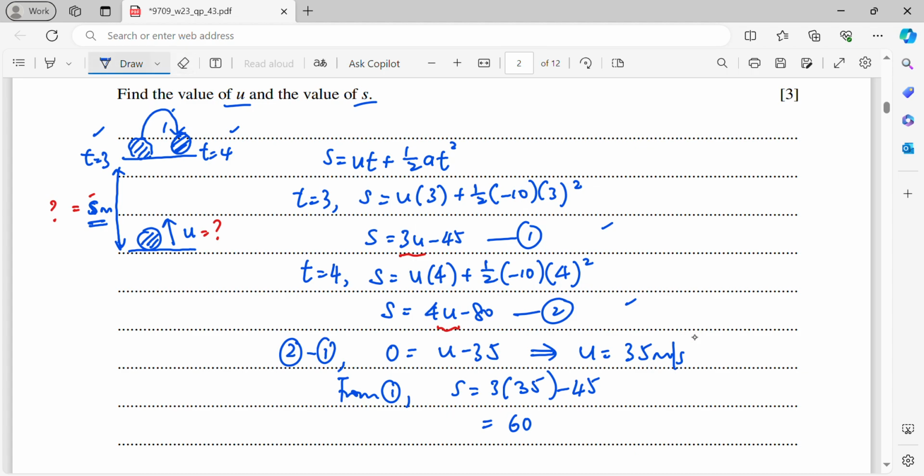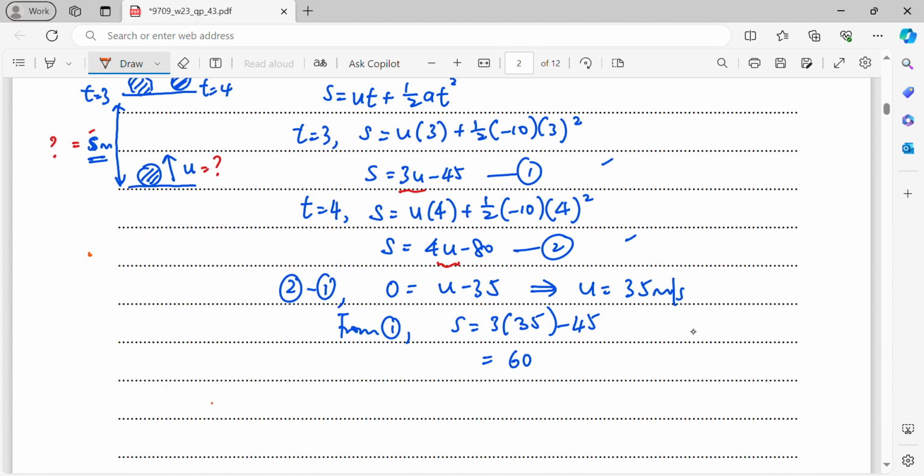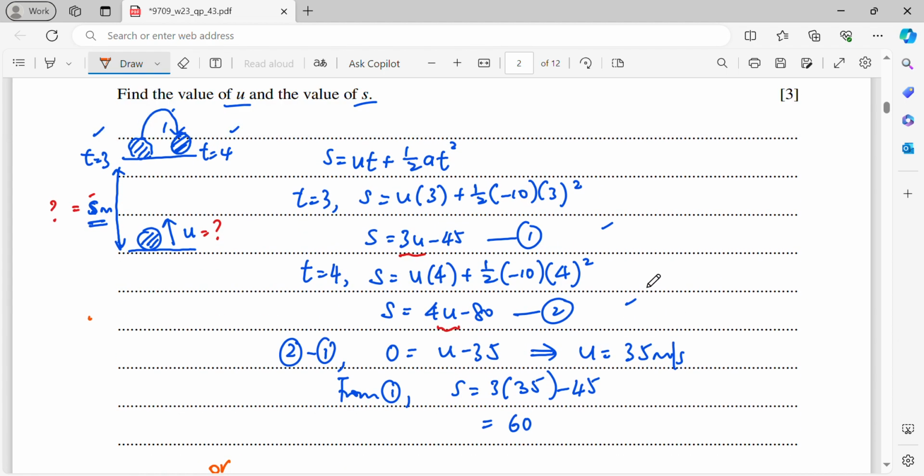We have two methods to solve this question. Another method is considering the motion from the initial time until the highest height. Because we know that when the particle reaches the highest height, before it goes down, the v here is basically 0.